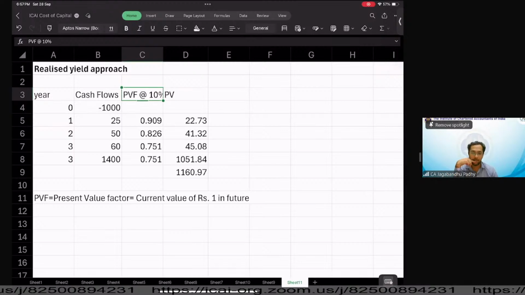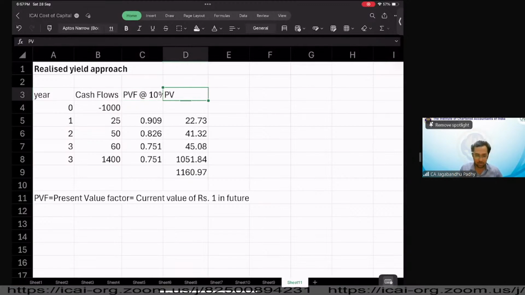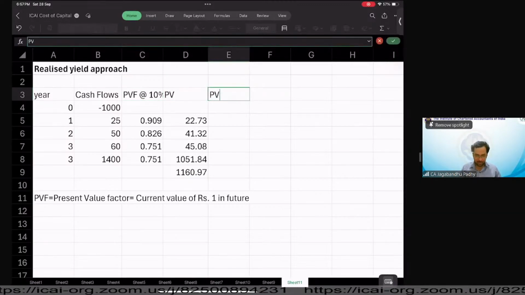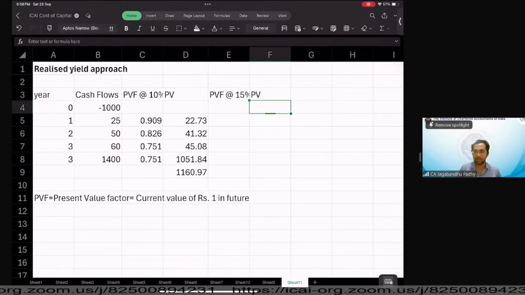If it is 10%, the value should be 1160, but we are getting it at 1,000. So it means this security is giving me more than 10%. So just get the present value factor at maybe 15% and then calculate the PV.